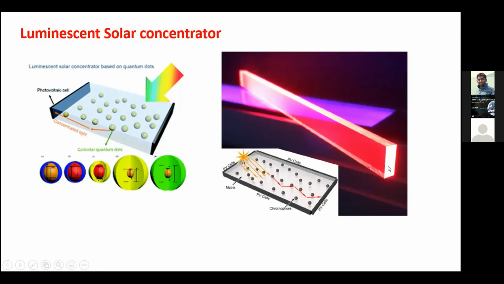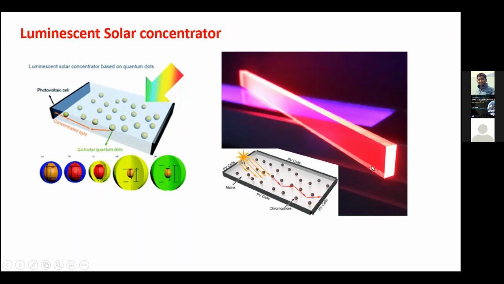So if you put a solar cell, either silicon or perovskite or whatever, here, it can collect the light from here, and you can hide the solar cell on the surface. I will give you one example.